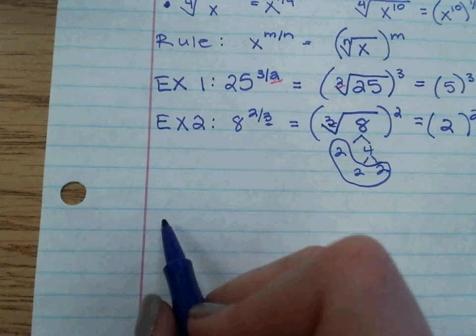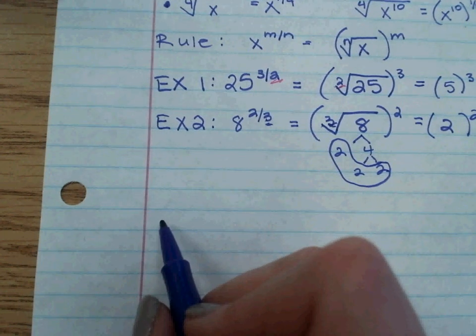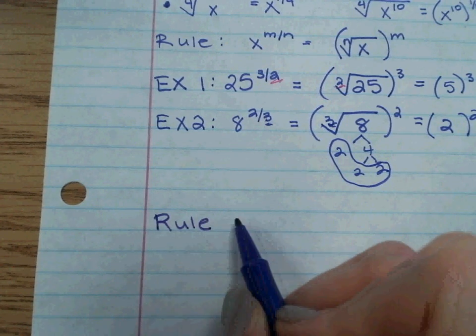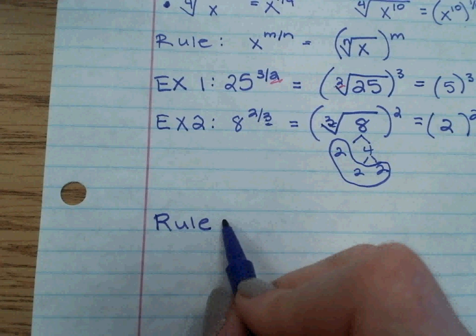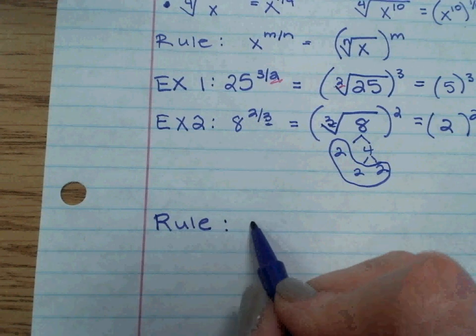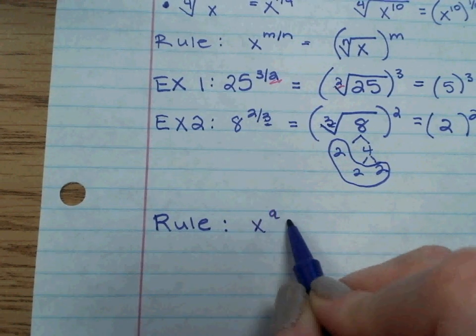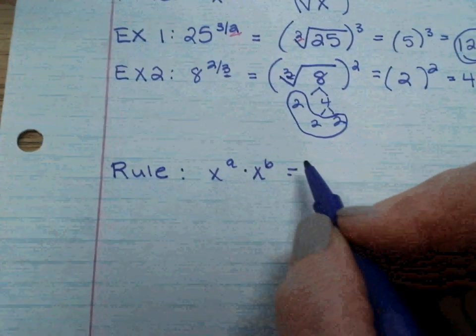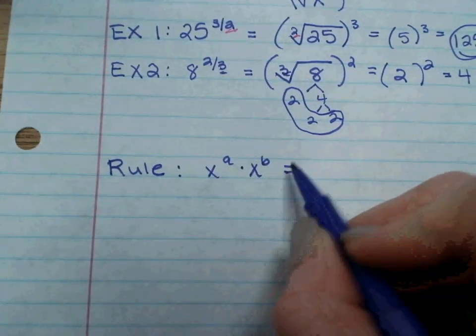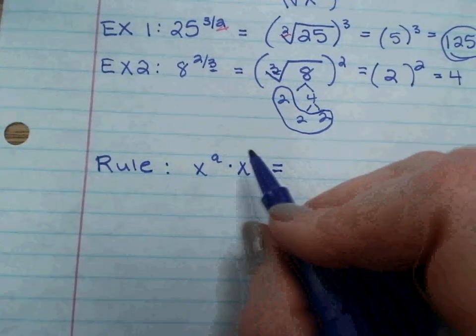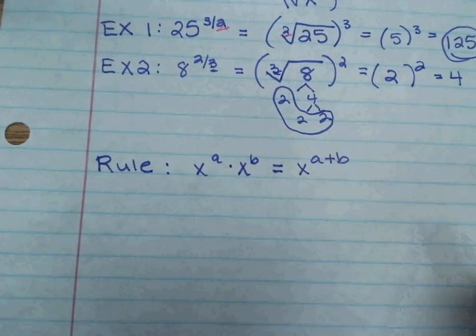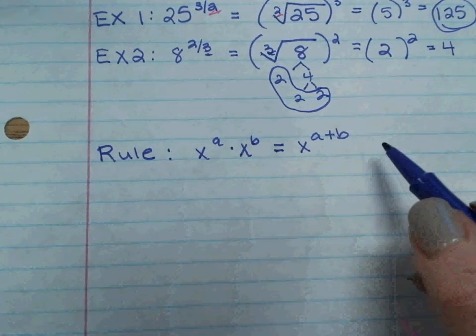Another rule that we'll look at here is when we are multiplying x to the a times x to the b. We've talked about this before. We're just going to apply it to our rational exponents here. We add the exponents, so that's x to the a plus b. That's kind of a review.